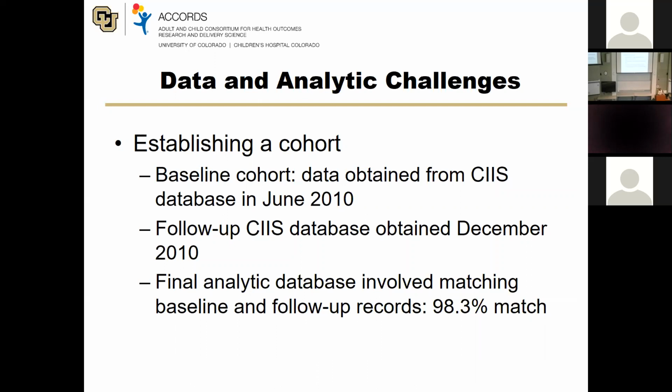Brenda got the baseline cohort from CIS in June 2010, identified all the potentially eligible children who needed one or more immunizations and were in that age range, and then had to get another database from CIS at the end of the study after the intervention period was over. And the final analytic database involved matching baseline and follow-up records. And there was a 98.3% match. So that's pretty good. It doesn't always work out that way, but this one worked well.